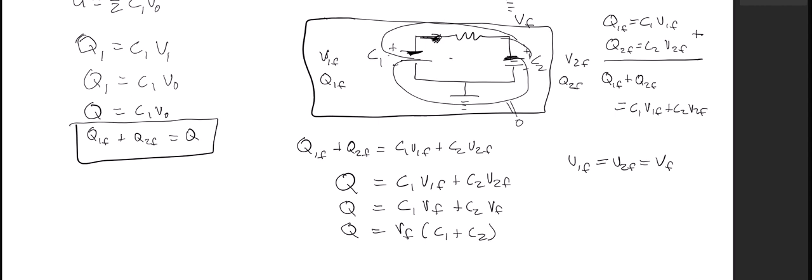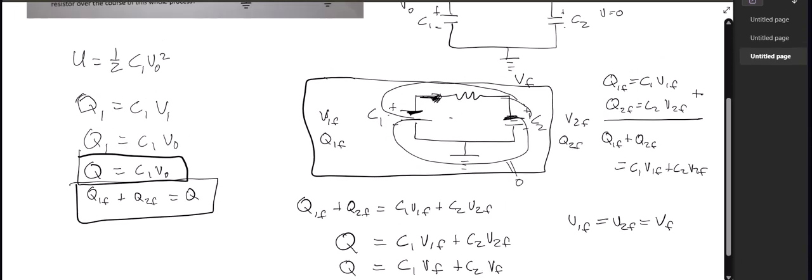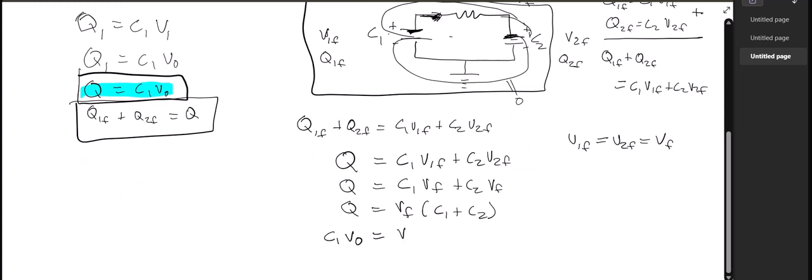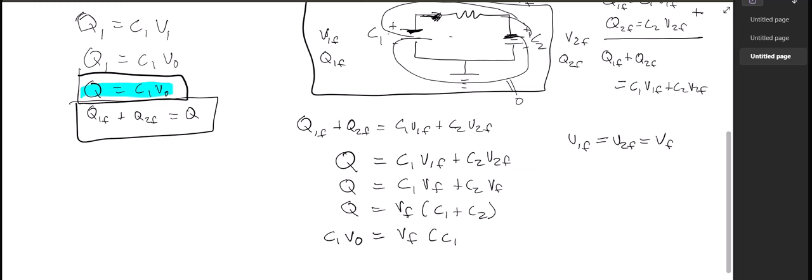We also know from over here that Q equals C1 V naught. So C1 V naught equals V final times C1 plus C2.